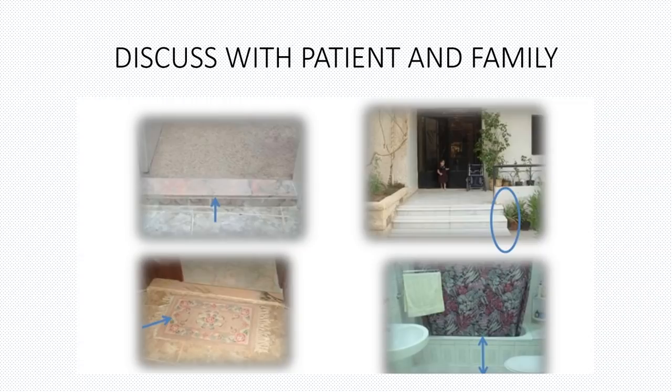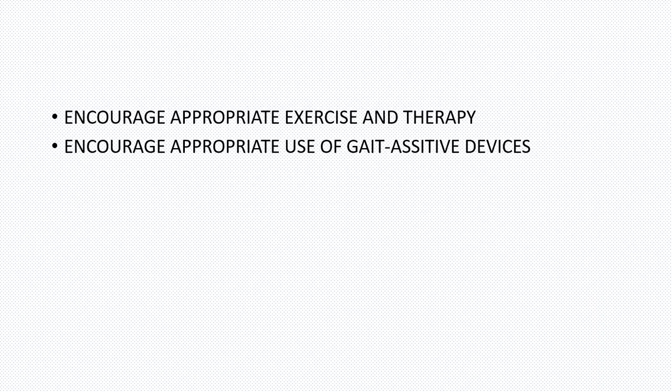And so you want to inquire about stairs at home, the presence of rugs at home, the lighting at home, and have the family think about things that they could do to go back to their mom or dad or relatives' home to decrease the likelihood of an incident.